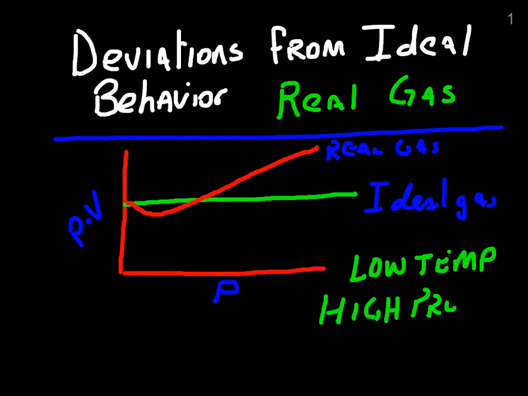So this is the realm where gases no longer behave ideally, and they start to deviate from those laws that we described. The thing to remember is low temperature and high pressure is where things start to get messed up. I'll give you an example of why that works.